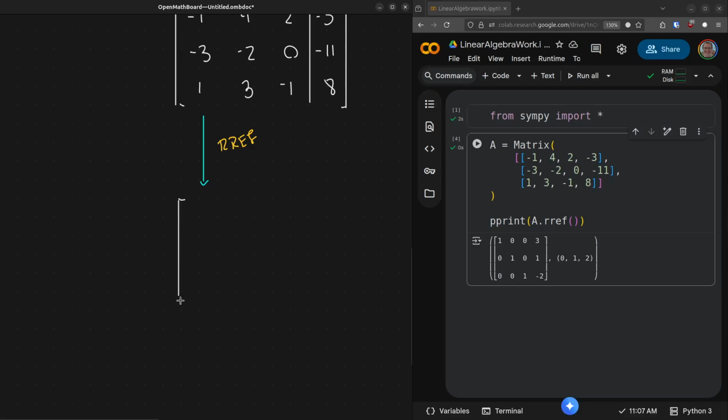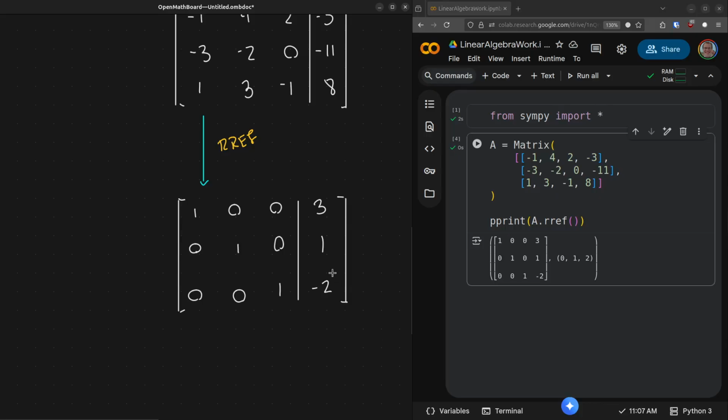And the matrix is 1, 0, 0, 3, 0, 1, 0, 1, 0, 0, 1, negative 2. Since the last column of my original matrix was behind the augmented line, the last column of my reduced echelon form matrix is behind that augmented line.